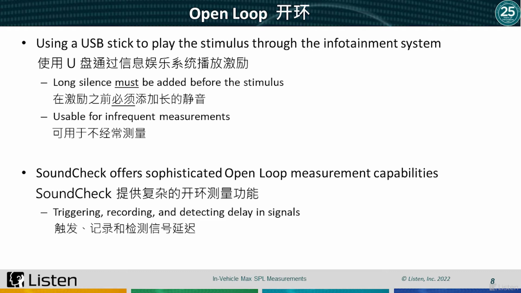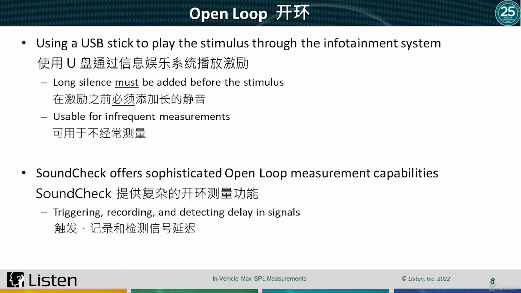The reason that this is even an option is because SoundCheck offers some sophisticated open-loop measurement capabilities. If you think about it, when you're making any measurement that requires the stimulus and response signals to be aligned, for example, phase response or time delays, you need to be able to trigger the recording when the test signal starts playing and account for the inconsistent time delays.